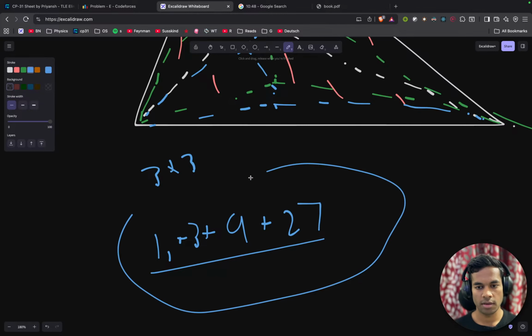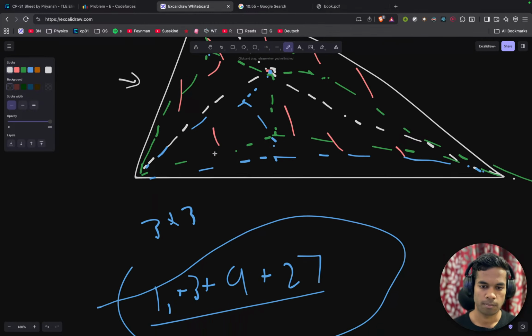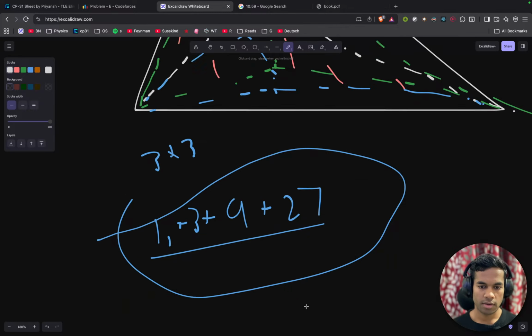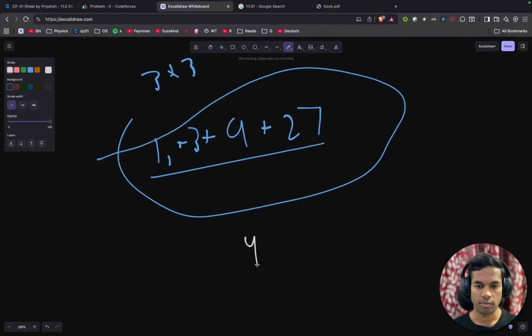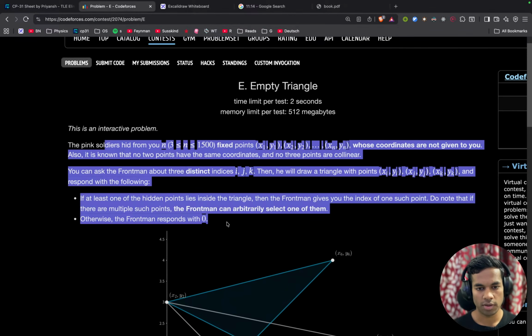We can make 75 choices, 75 interactions. 30 plus 10, 40. We have 35 choices left. And we cannot just hope that this works.